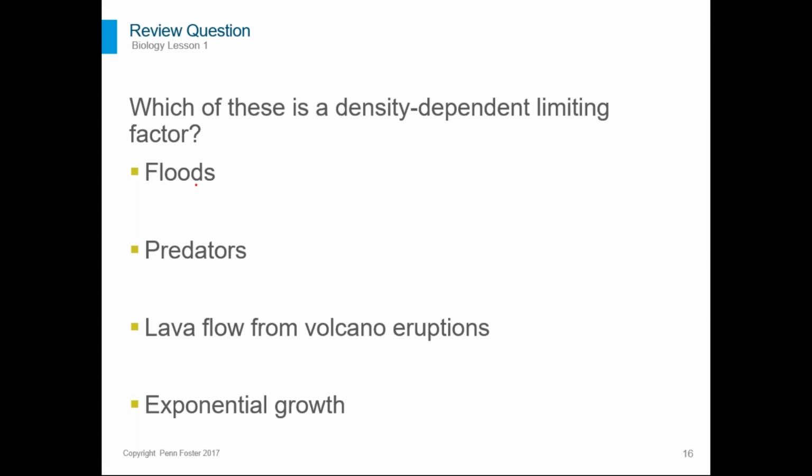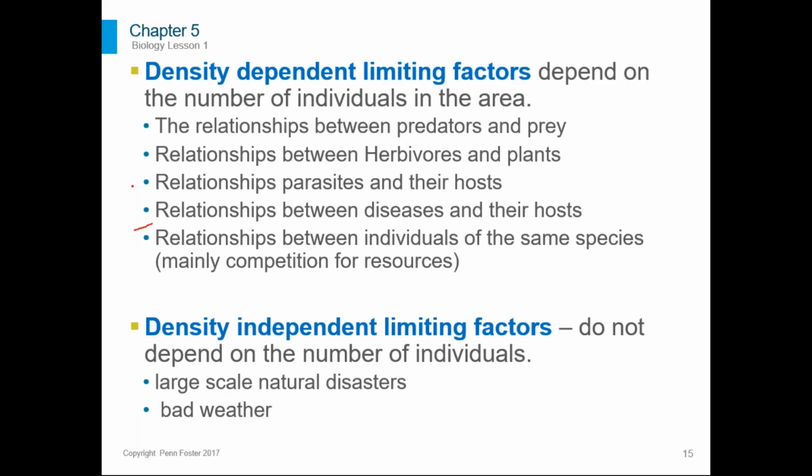Okay, so just gonna pop back to the previous slide here because again we had kind of a mixed bag. Density dependent, again, are things that matter how many individuals of the population live there. It's going to determine what limits the size of the population.